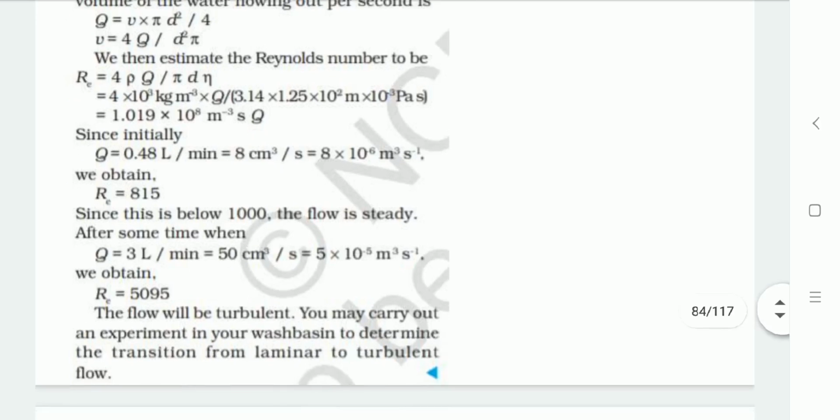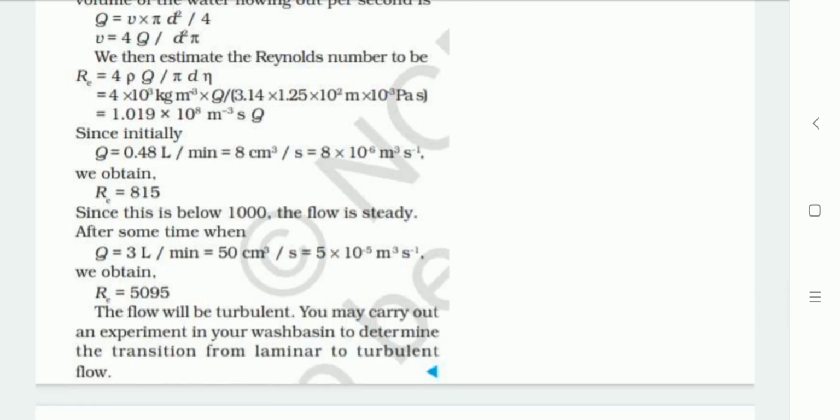And Re below 1000 means the flow is steady. Now the next value of Q is given as 3 liter per minute. Convert into meter cube per second, that would be 5 into 10 raised to minus 5 meter cube per second. By substituting the value of Q in the Re equation, it will become 5095. That is greater than 2000, which means the flow of water now becomes turbulent.